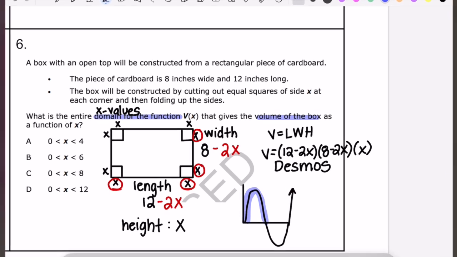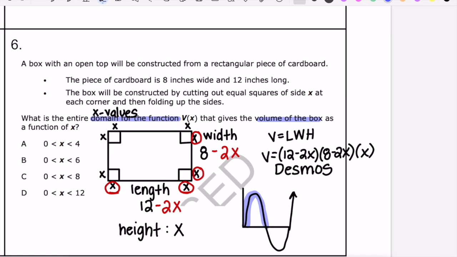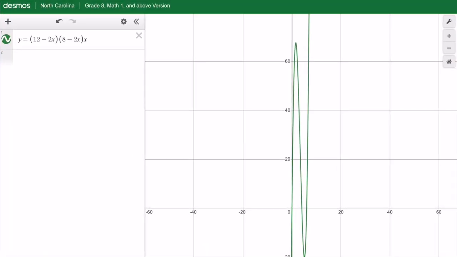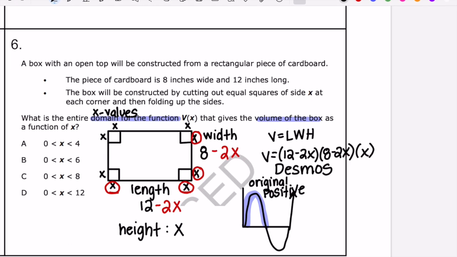So the original positive is our domain. So if we go back and look in Desmos, I can see that it starts being positive at 0 and it stays positive until it reaches positive 4. So it starts at 0, it ends at 4, so my domain is 0 to 4.